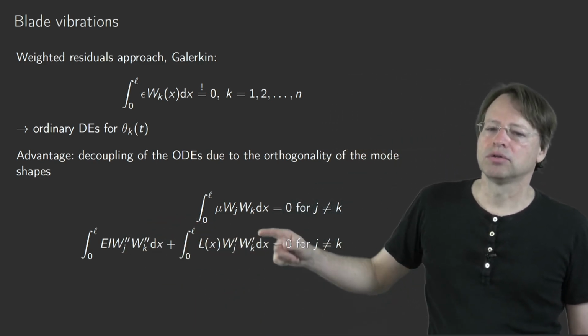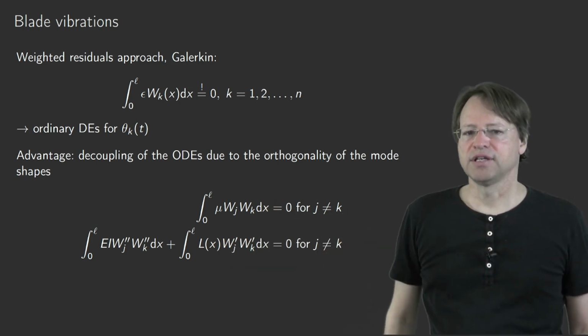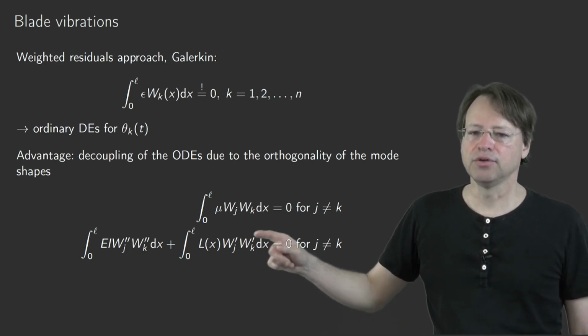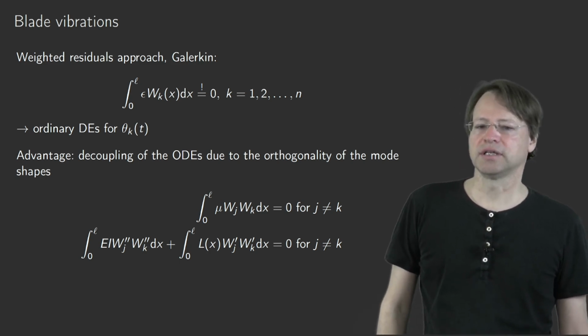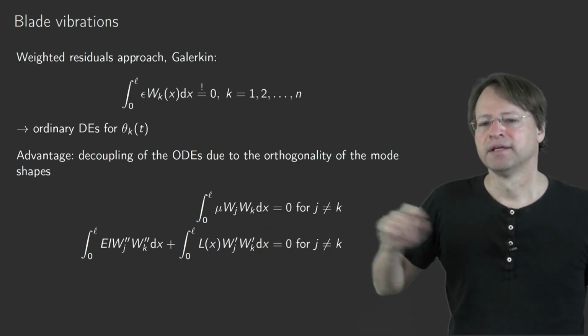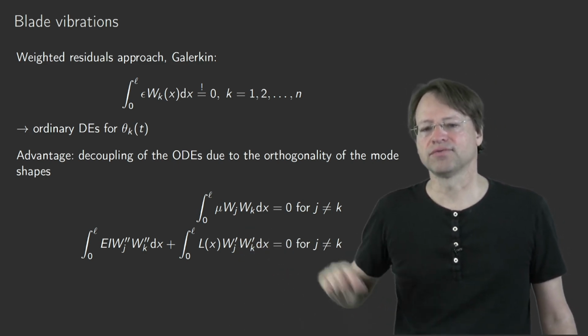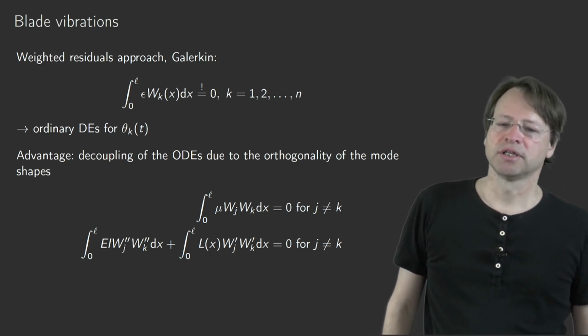And now, as we also have that term L of x, and if you remember the derivation of the Rayleigh quotient for that enlarged system, you will see that there is a second orthogonality relationship that has to take that L of x into account, and it works here with the first derivative of these mode shapes, capital W.